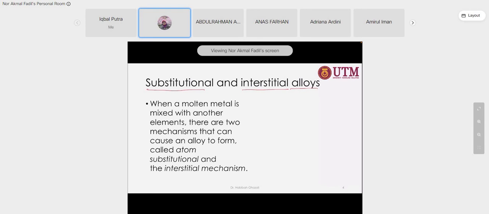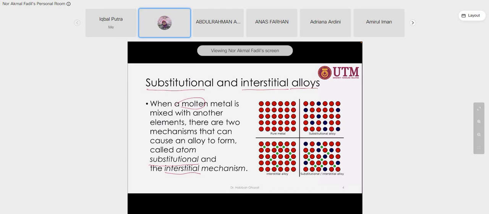So when a molten material, meaning in the liquid form, is mixed with another element, there are two mechanisms that can cause an alloy to form: substitutional and interstitial.